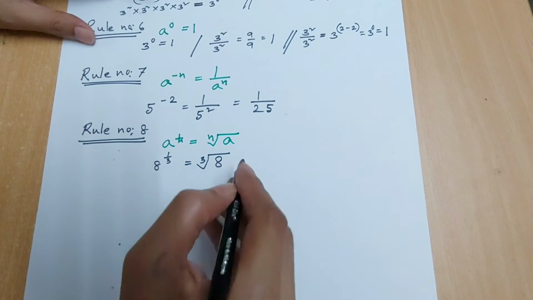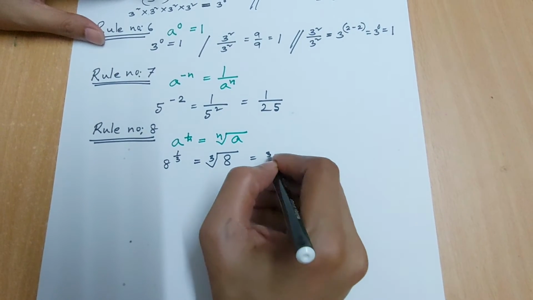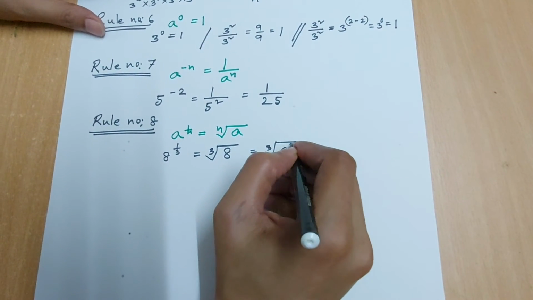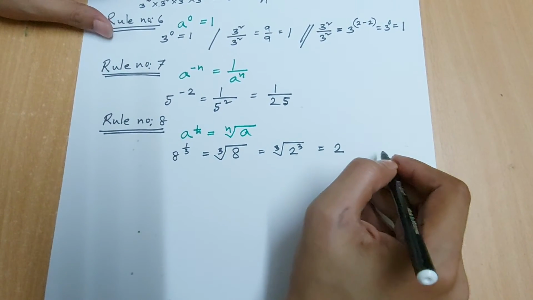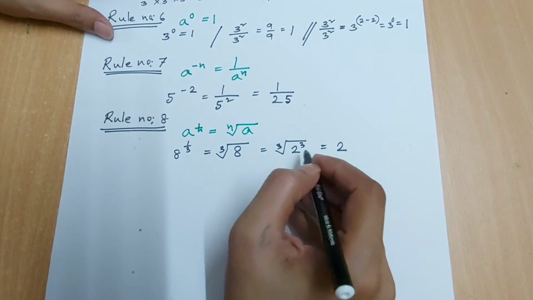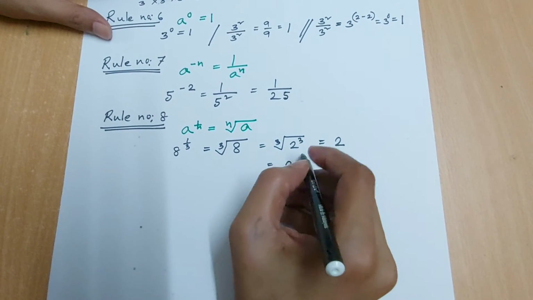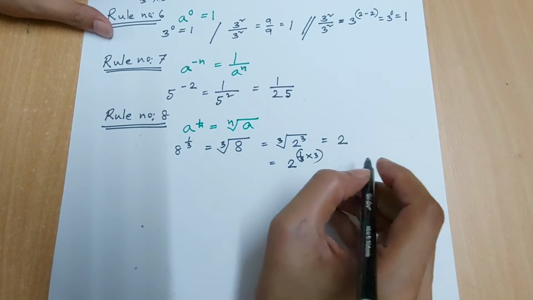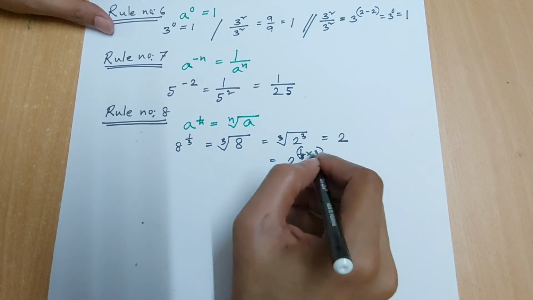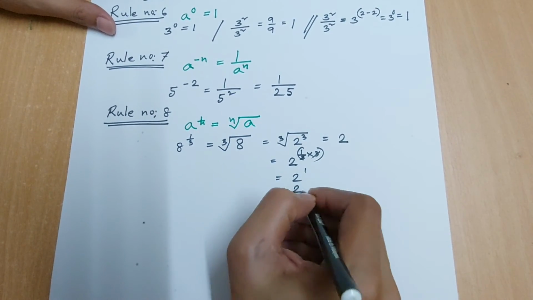Cube root of 8 equal to cube root of 2 cube equal to 2. Or we can write it in this way: 2 power 1 by 3 into 3, that is also equal to 2 power 1 equal to 2.